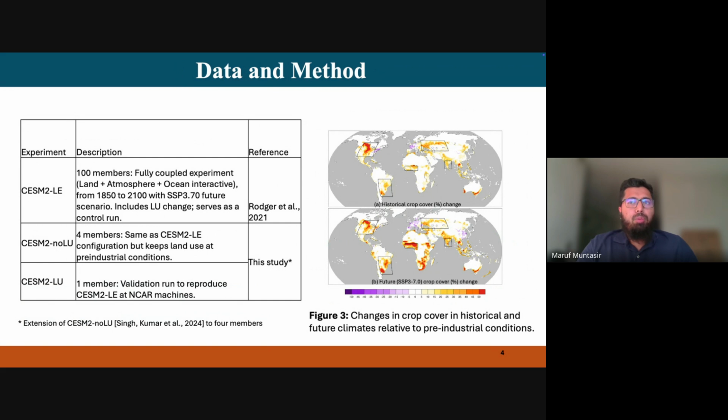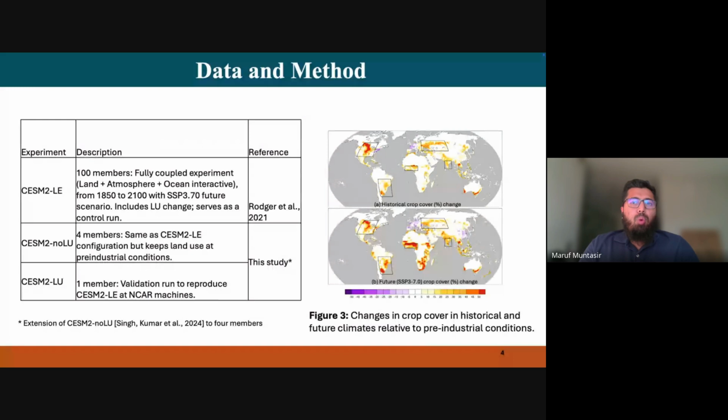So this is our control output. And then we developed 4 members of CSM2 no LU runs. Basically, these runs have the same setup as CSM2 LE, but we used the land use scenario at pre-industrial conditions throughout 1850 to 2100.